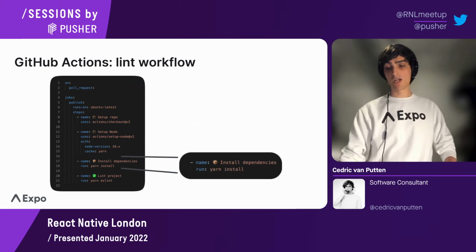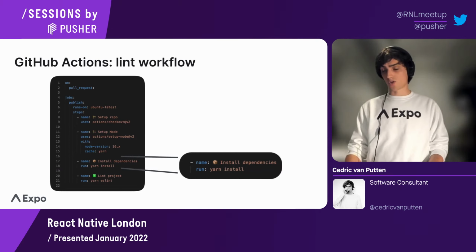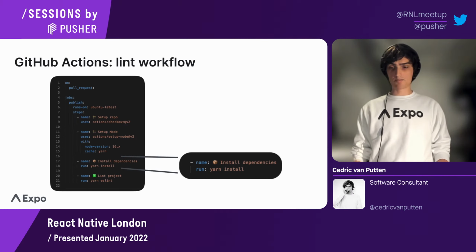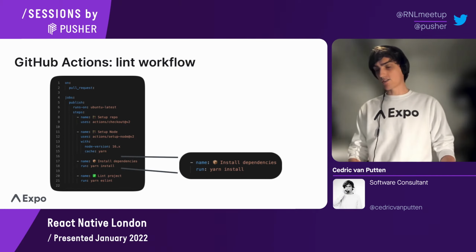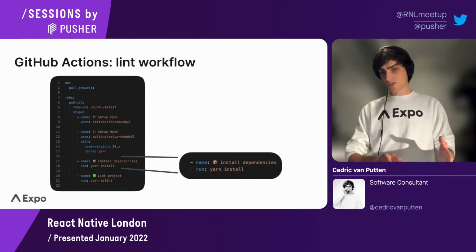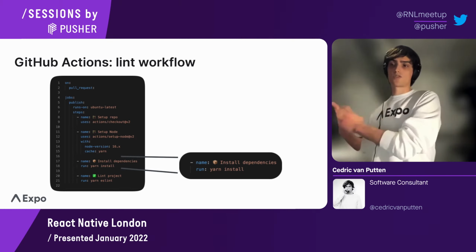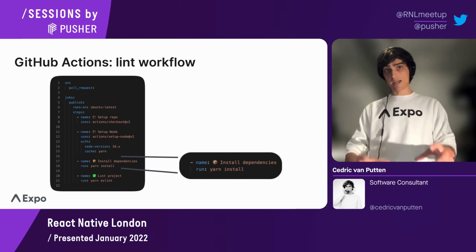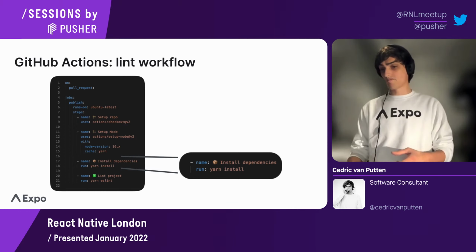Then next up, before we can actually run a linter or a test, we have to install the whole project's dependencies. We do that by using, in this case, yarn, and running yarn install. And you notice that we're not using uses here, because that refers to an external GitHub action. In this case, we just want to execute a command, and that will be yarn install.